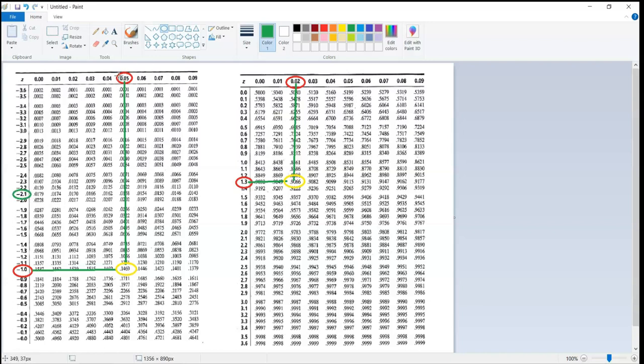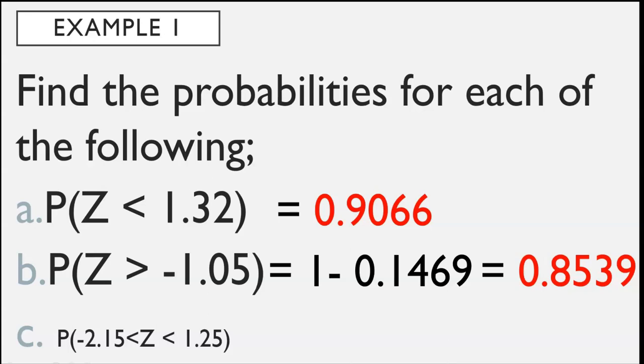So first, negative 2.15 is found at negative 2.1 and 0.05 in the lines of our z. The area is where these two values cross, and it crosses at 0.0158. Hence, the area of negative 2.15 is 0.0158.